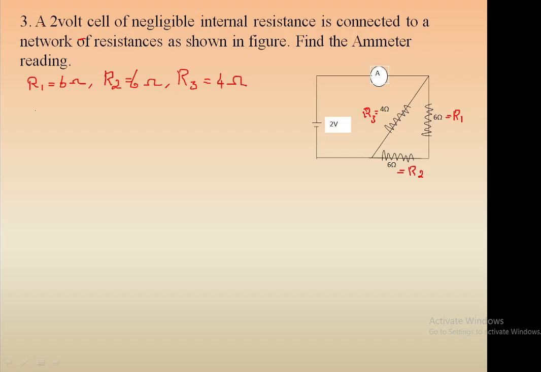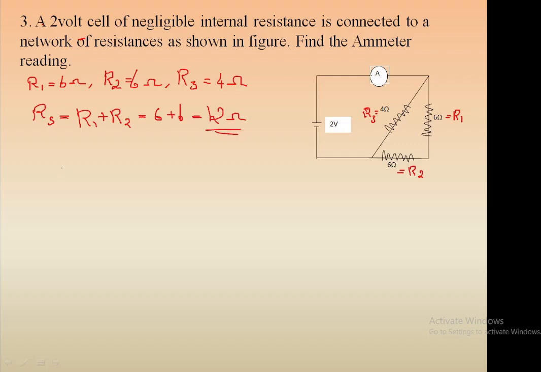Here R1 and R2 are in series, so the effective resistance Rs is R1 plus R2. Since they are in series, we simply add the values of the resistances, that is 6 plus 6, that is 12 ohms.